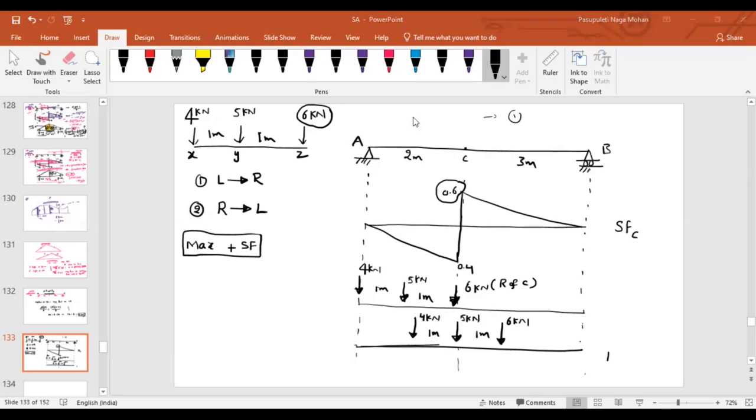Similarly, for another possibility, I can place 4 exactly at the maximum. And what about the remaining? This is the 6 kilonewton, 5 kilonewton, 4 kilonewton, 1 meter, 1 meter.